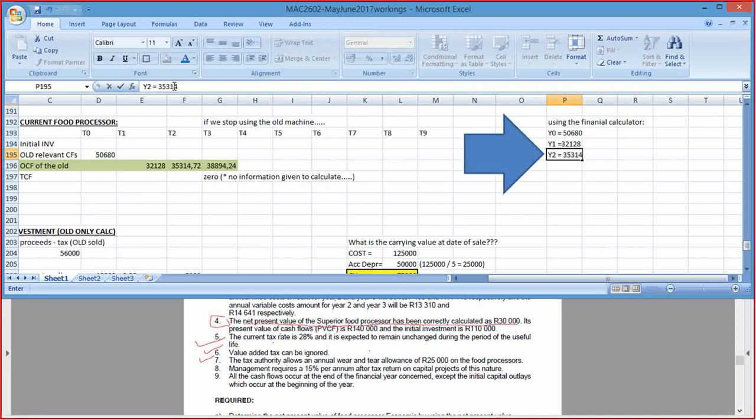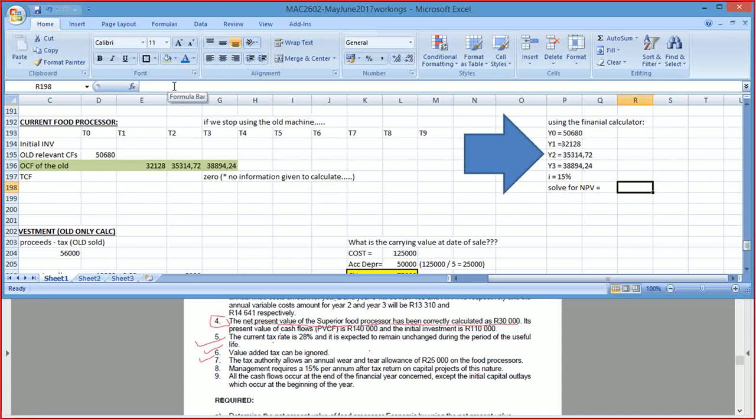Year 2 is 35314.72. Year 3 is 38894.24. Right, here I was given that management requires a 15% return. Solve for NPV. Okay, let's work that out.